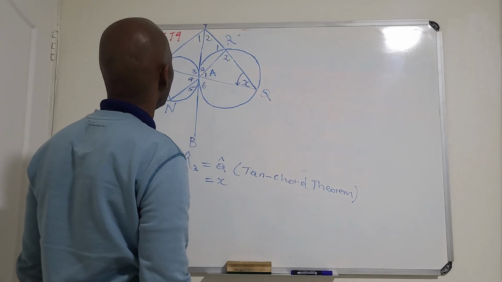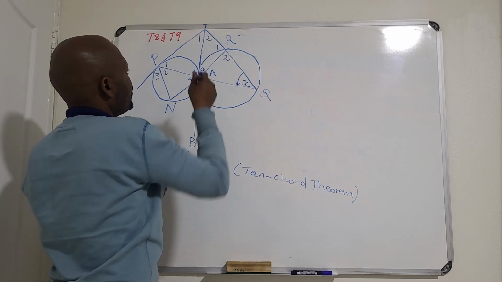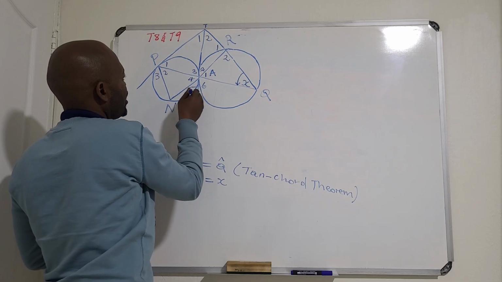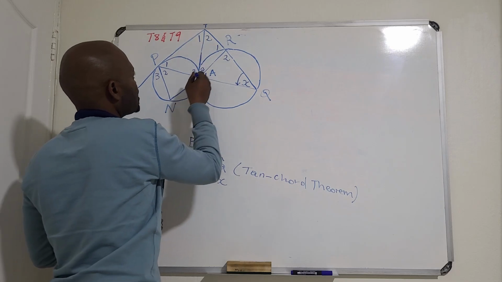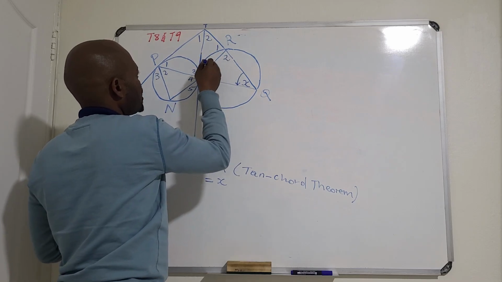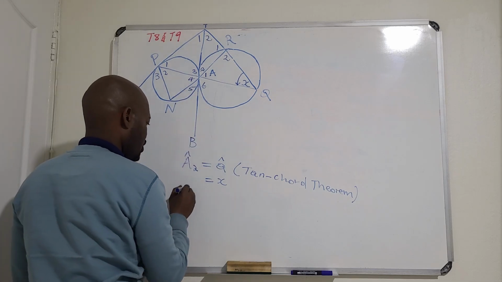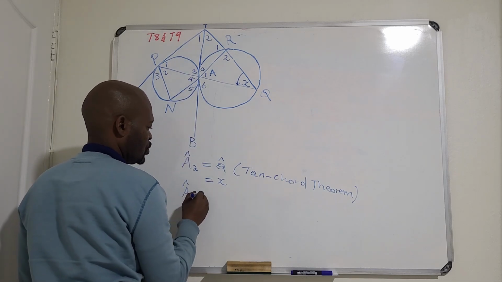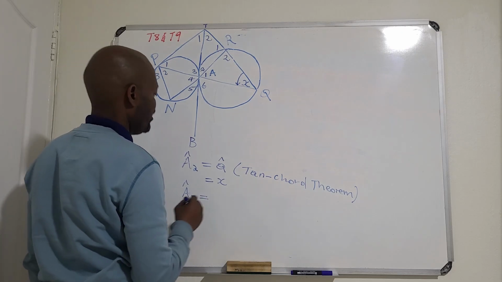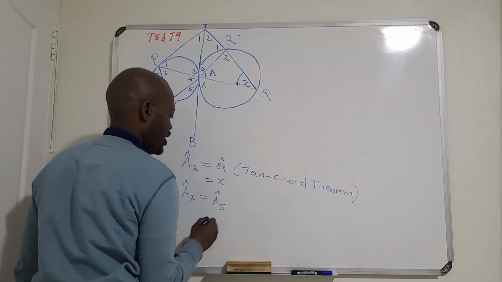Now, look, this angle here is equal to this angle there. We have an x. You can see there's an x. Therefore, this angle is equal to this angle there. Therefore, angle A2 is equal to angle A5.